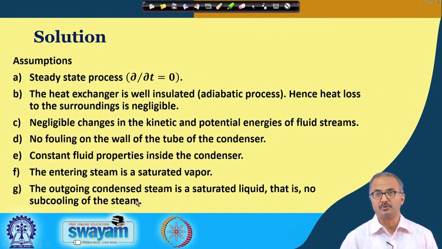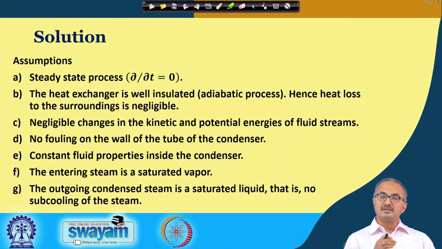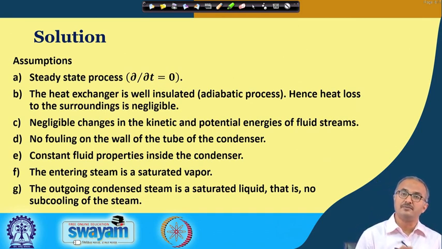That is, there is no subcooling. That means the steam is at saturated vapor condition and is just getting converted into saturated liquid, so that only the heat of vaporization is involved and evolved during this condensation, and there is no sensible heat transfer.